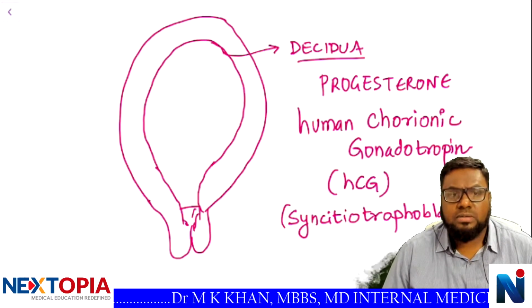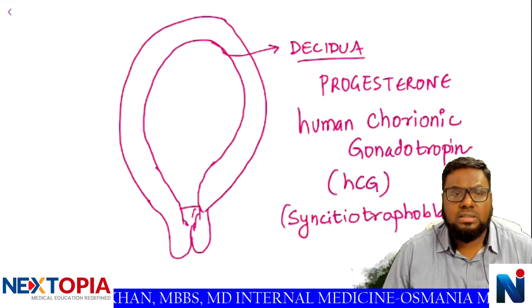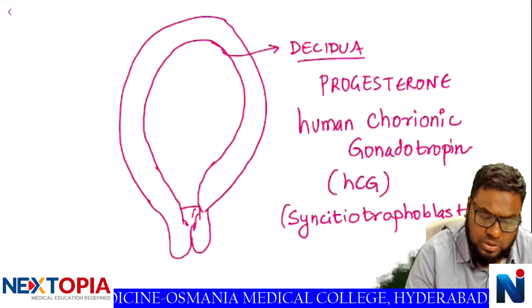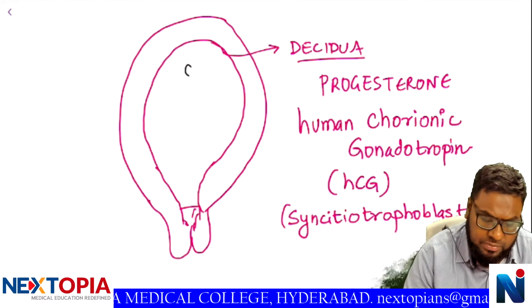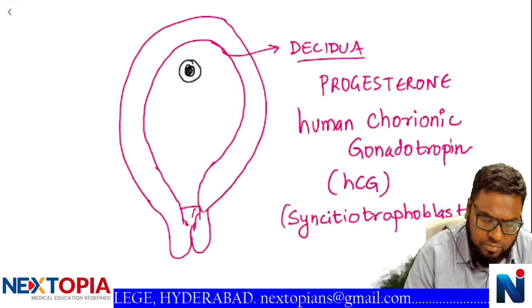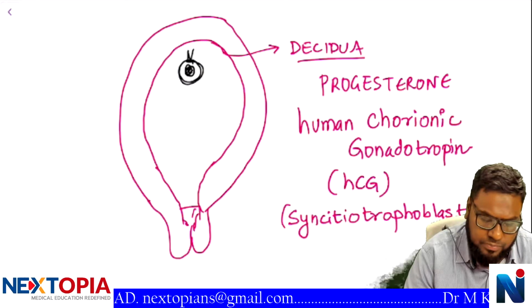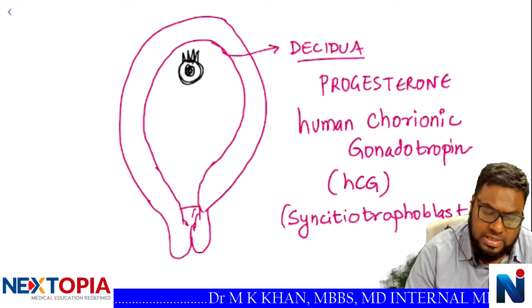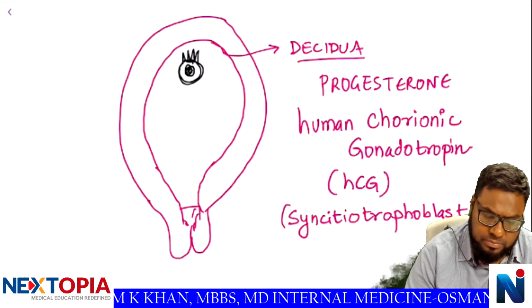Based on the part of attachment of the embryo, suppose the embryo is attached somewhere here with the help of villi like this. The decidua actually overgrows it.